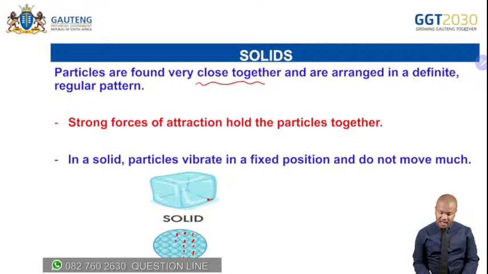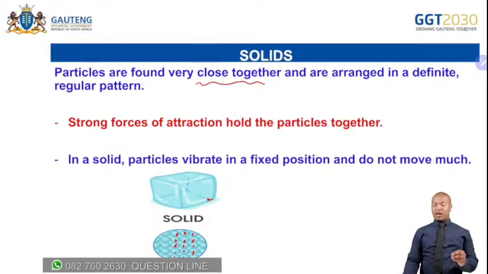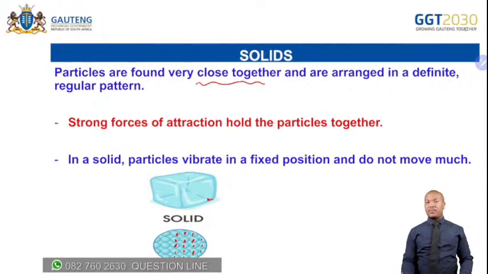They are closely packed to each other, and also they have a regular pattern, as you can see here, right? They have some sort of pattern, and that pattern makes them vibrate in a fixed position so that they do not move and to keep the ice as solid, right?